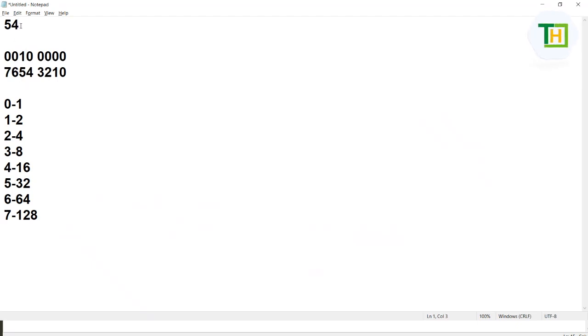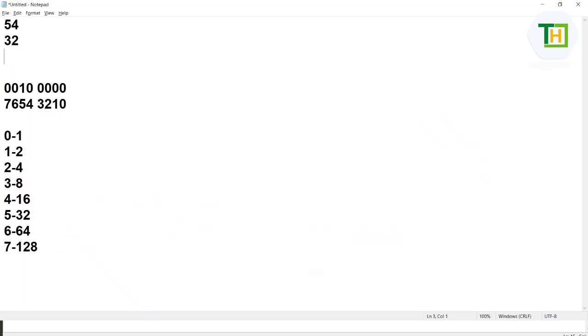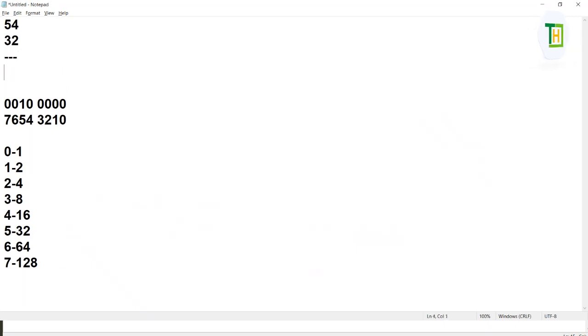2 power 5 means 32. If I subtract this, the remaining value is going to be 22. Now I'm going to find the nearest smaller value for 22. That is going to be 16, right? That means 2 power 4, I'm going to place one more 1. 22 minus 16 is going to be 6, right?